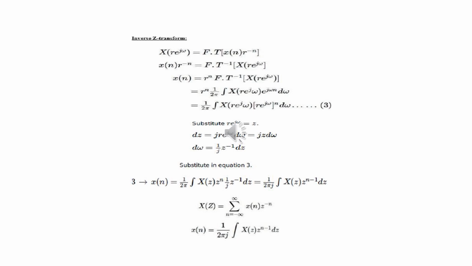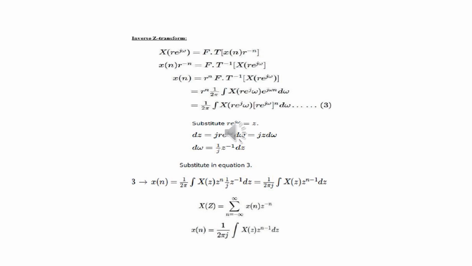So x(n) is equal to, on simplification, r to the power minus n taken to the other side as r to the power n, times the Fourier inverse of X(r e to the power j omega). So the equation for the inverse Fourier transform is substituted here, that is 1 divided by 2 pi integration of X(r e to the power j omega) into (r e to the power j omega) the whole power n d omega. So this equation is 3.